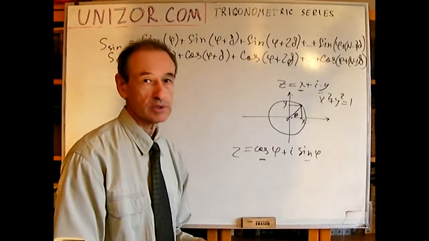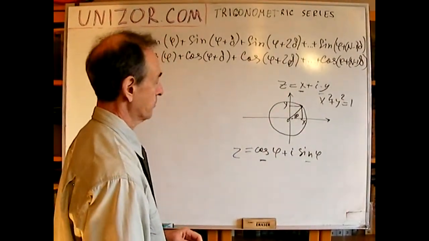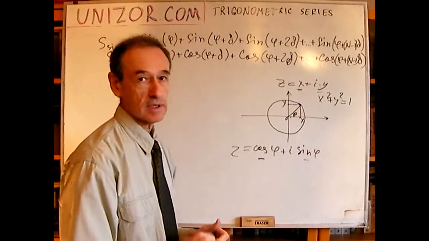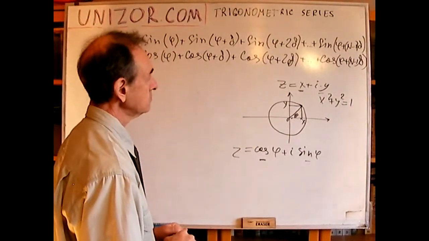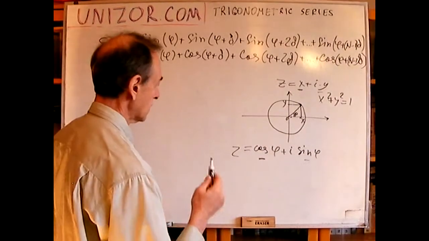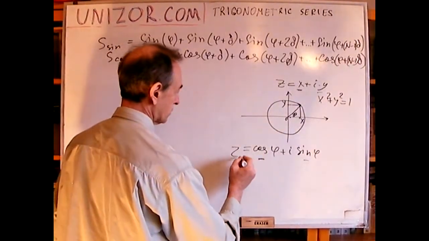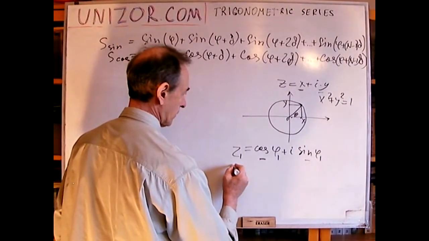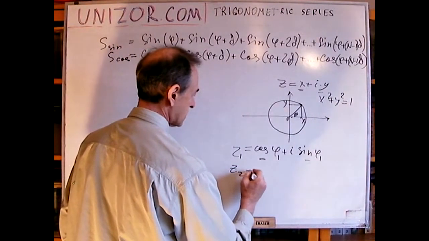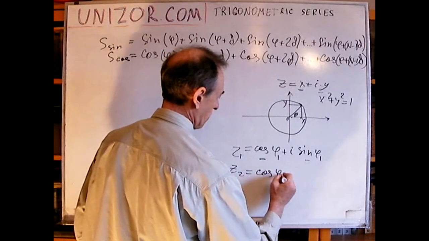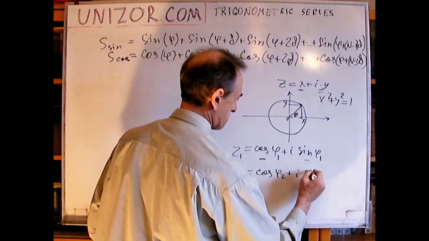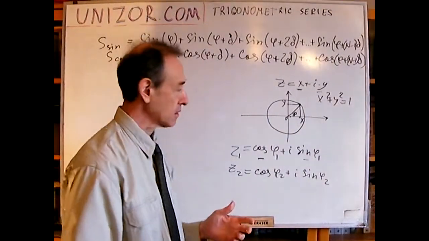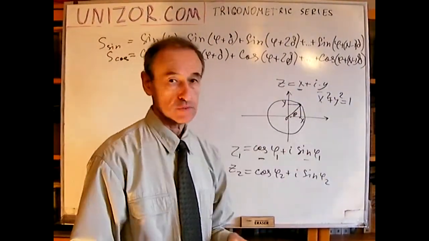I obviously talked about this in the corresponding lecture. Okay, that's one thing. Now, another thing is, let's say that I have two different complex numbers. This is one, and this is another. Both of them are on the unit circle. Both of them have modulus 1.